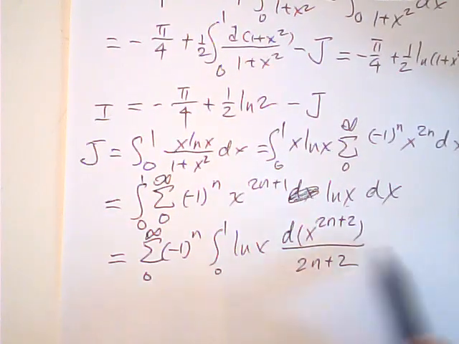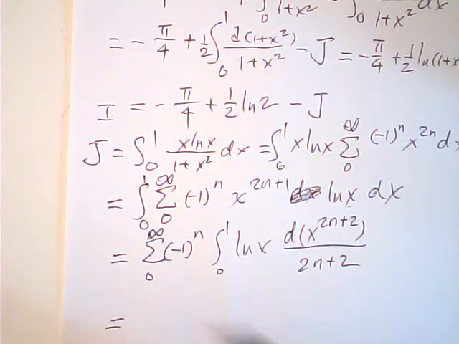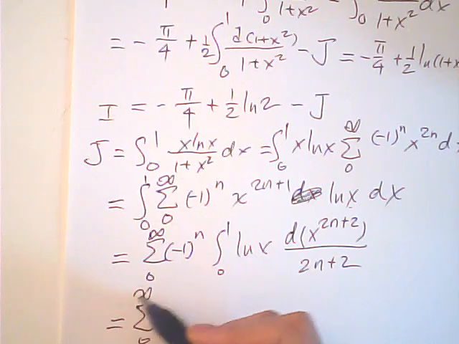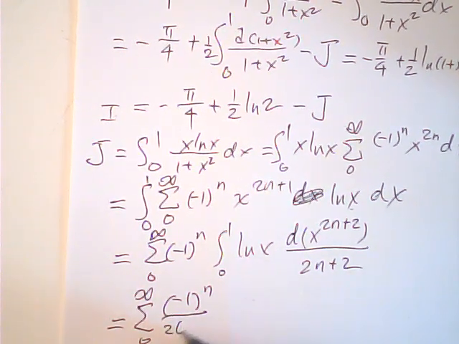Here I just prepare for by parts. So this one is equal to sigma from 0 to infinity, minus 1 to the n. This could be taken out.